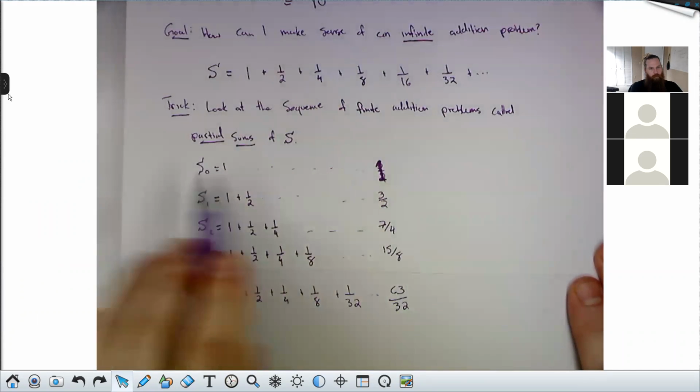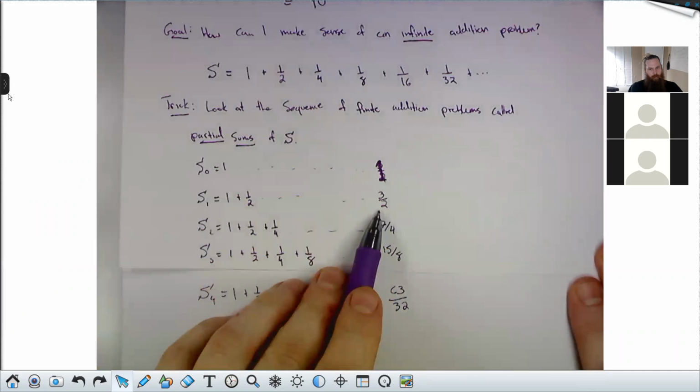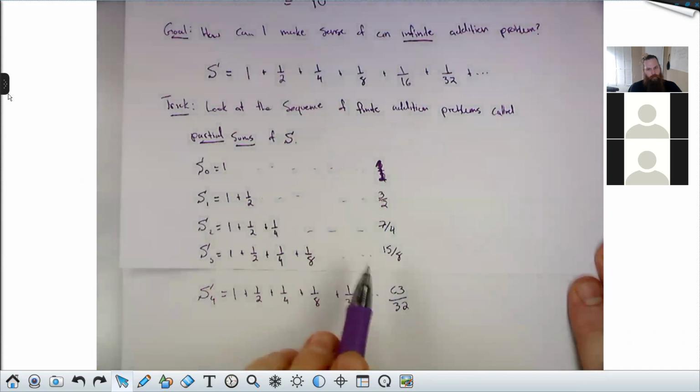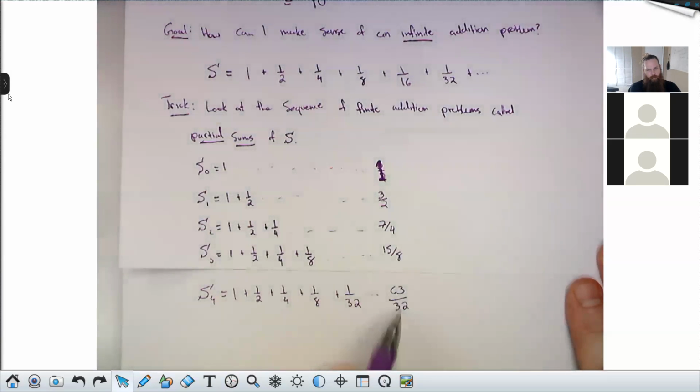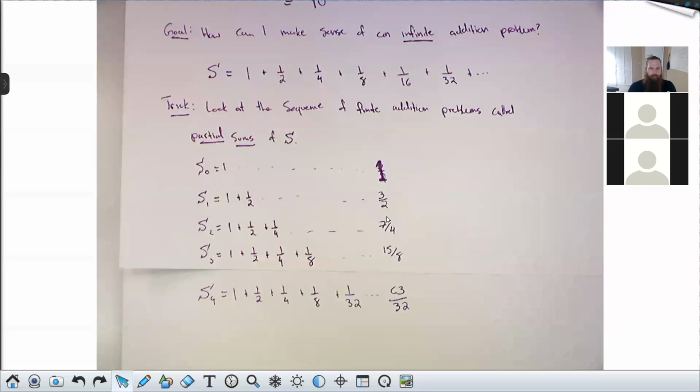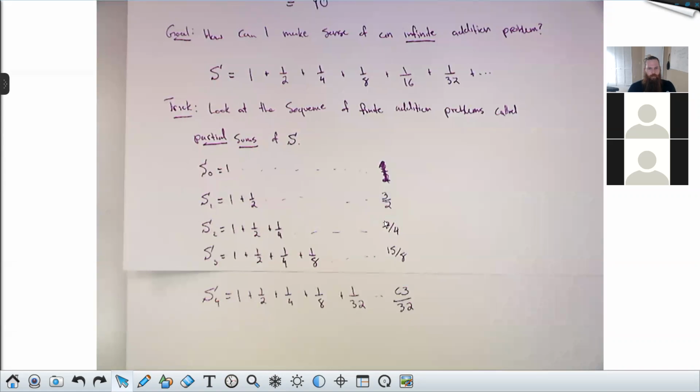So the first partial sum here was 1, then 3/2, then 7/4, then 15/8, then 63/32. Do you notice any patterns here? This is 4 minus 1/2, 8 minus 1/4, 16 minus 1/8, 64 minus 1/32.